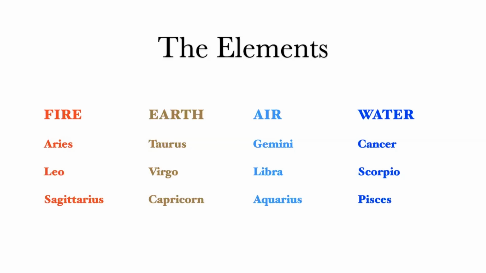They're in the same sign of the zodiac for many years. In the case of Neptune, everyone born within 14 years of each other will have Neptune in the same sign of the zodiac. So those outer planets are not such a personal influence on us.